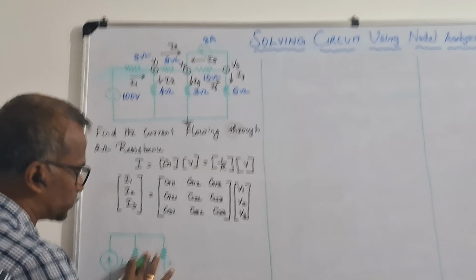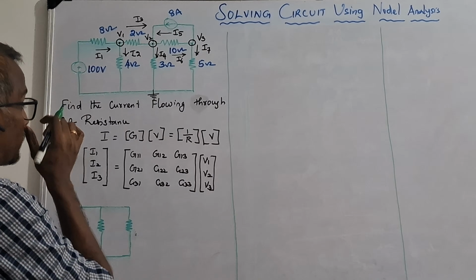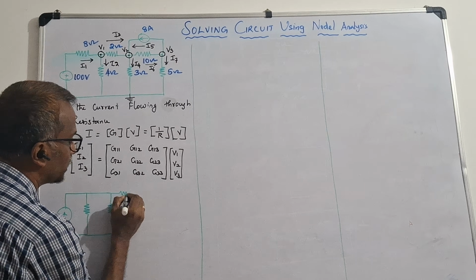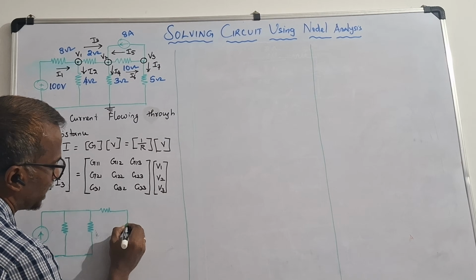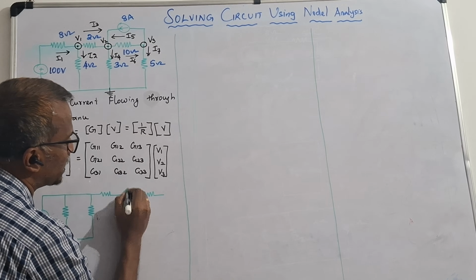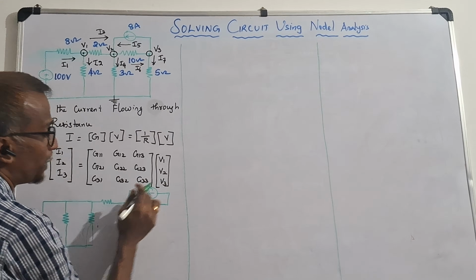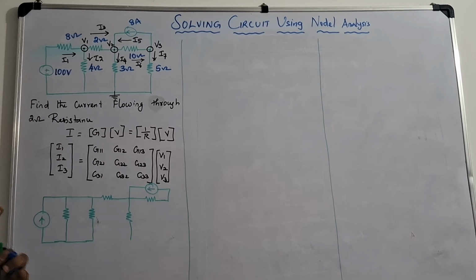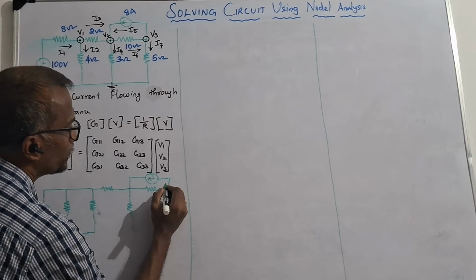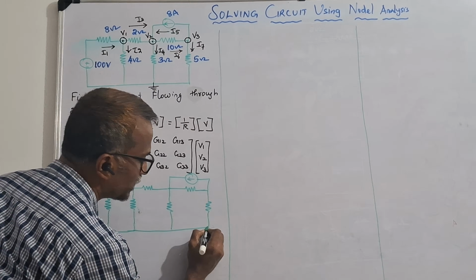Let me draw it fully first, and after that we can note down all the values. V1 and then the next resistance. I am using this current source as such, and I am not going to change it, since this is in the same format and all are current sources. Now we use the 5 ohm here and connect it.